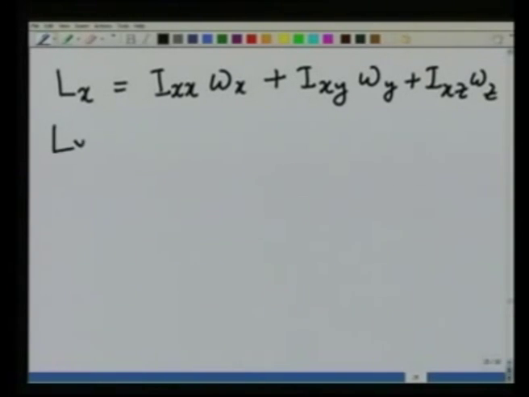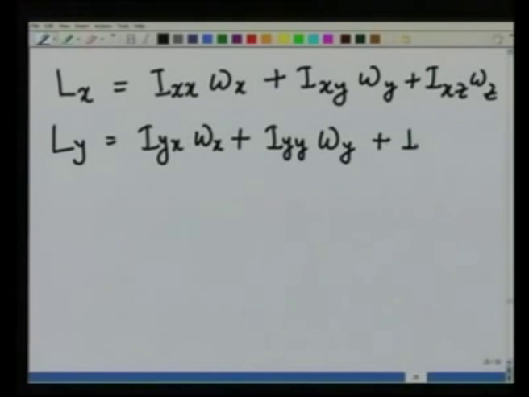Similarly, you will find Ly would come out to be Iyx omega x plus Iyy omega y plus Iyz omega z, where Iyx is again a product of inertia involving mi, yi and xi. Iyy is the moment of inertia about the y axis, and Iyz is the product of inertia involving y and z.